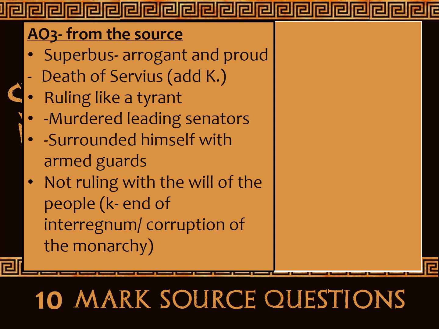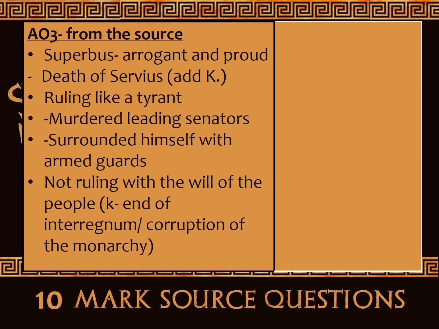Which leads us nicely onto the next point, that he's not ruling with the will of the people. How much you could question whether a monarch rules with the will of the people is a different matter, but certainly with the Roman kings we can see Superbus is ruling almost entirely against the people.